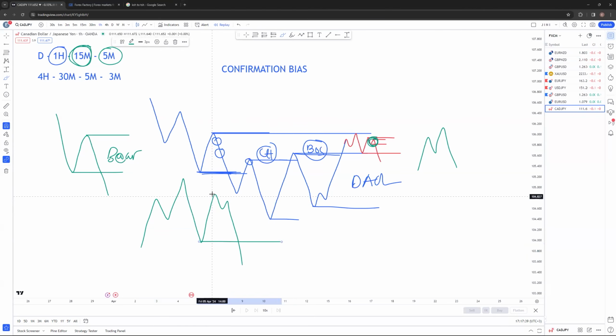And after the change of character, you will consider this formation inside this area as your area of consideration. And then you will go to the lowest time frame, 5 minutes, 15 minutes, and below to refine it. And if you get liquidity engineering or formation, you can use it as the entry. So you don't have to wait for the price after reaching this area to break again. No, you don't have to do that.